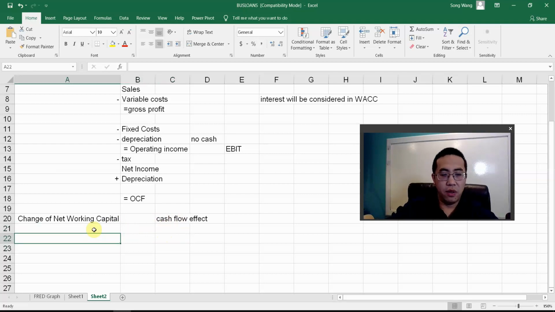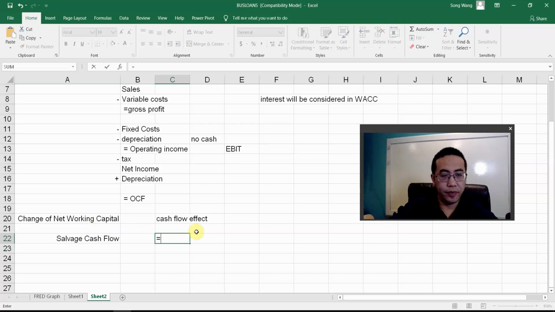And also you should have the salvage cash flow. The salvage cash flow here would be just the money you get from the salvage price of the machine, and also you need to minus the capital gain tax.